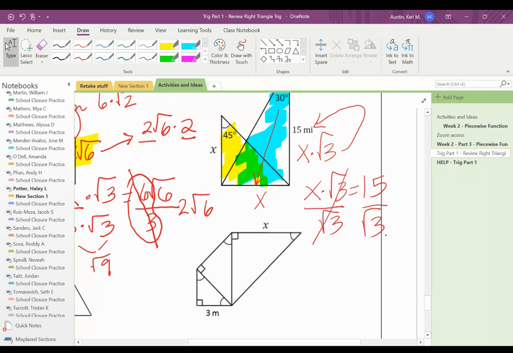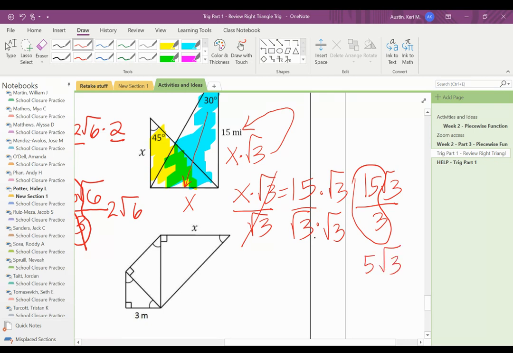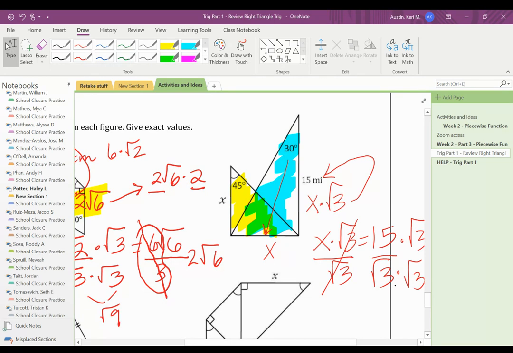Again, we need to rationalize the denominator. We cannot leave a radical in the denominator. How do we do that? We multiply by the square root of 3. So this is 15 root 3 over, that's the square root of 9, which is 3. But then we can clean this up. So this is 5 root 3.